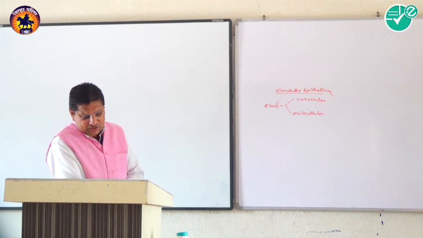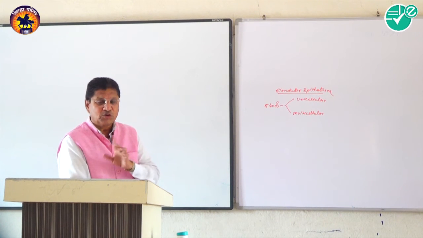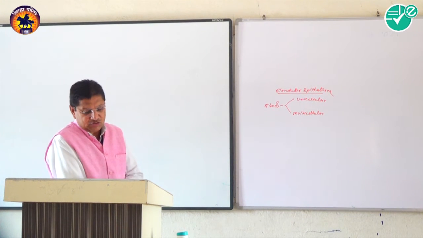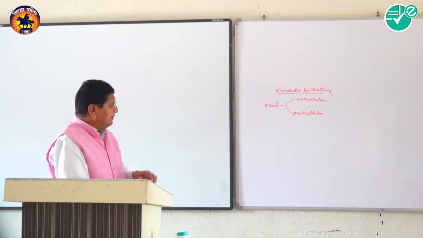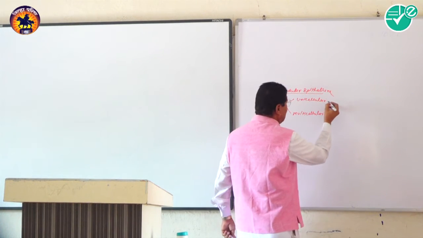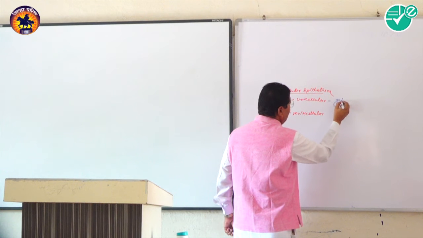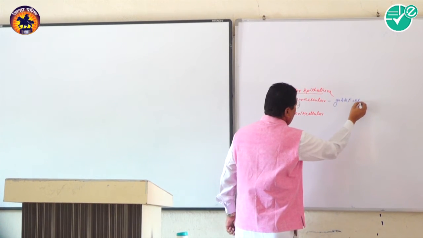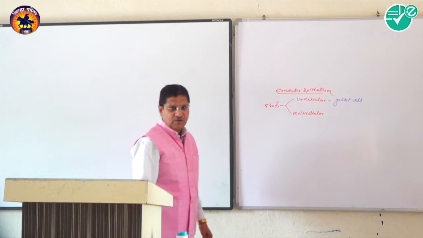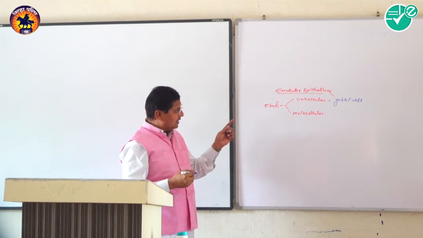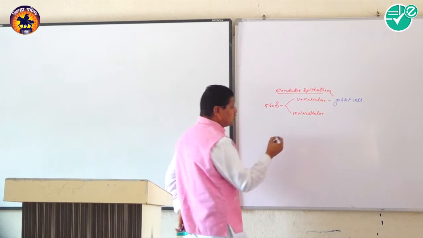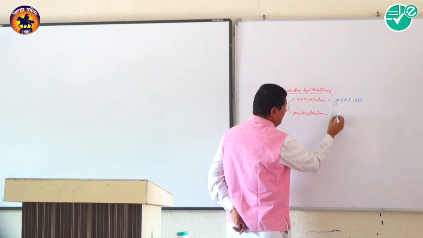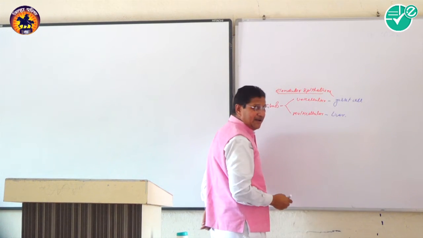The multicellular glands are made up of more than one cell, or many cells. The familiar example of a unicellular gland is the goblet cell. And for the multicellular gland, there are so many examples. The liver is a multicellular gland.